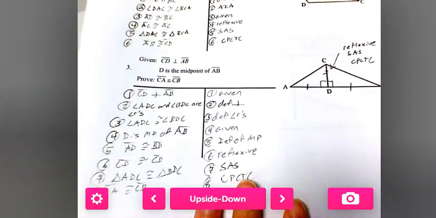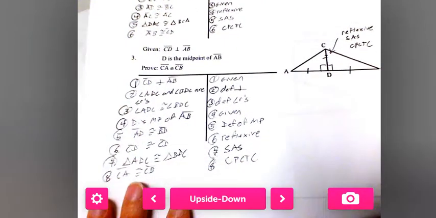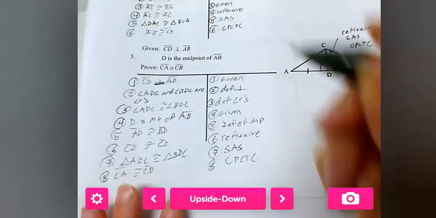I've got CD is perpendicular to AB, given.